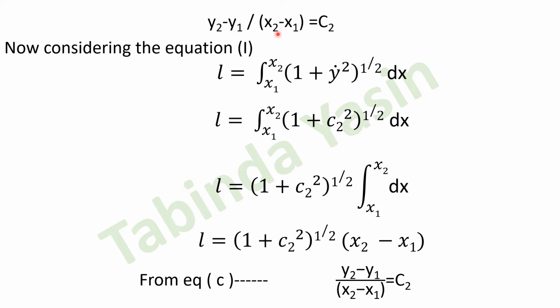From here we took the x2 minus x1 term to the left hand side in the denominator. We got y2 minus y1 over x2 minus x1 is equal to C2.